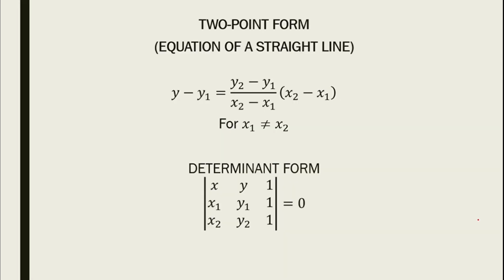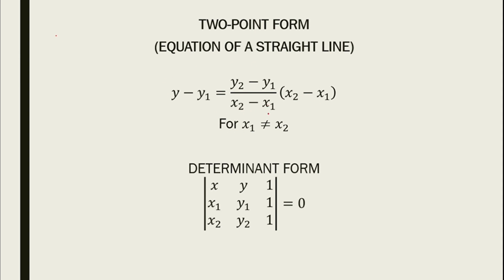So the two-point form equation of a straight line. This is the formula used when there are two given points in the problem. Y sub 2 minus y sub 1 is equal to x sub 2 minus x sub 1.